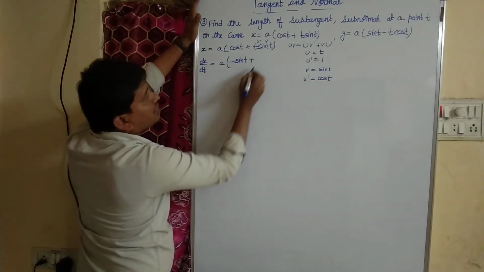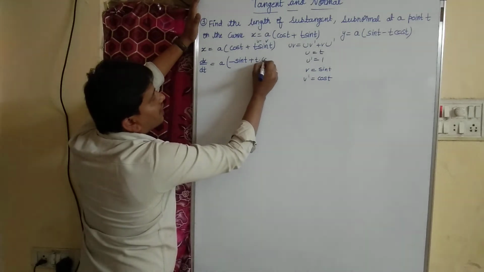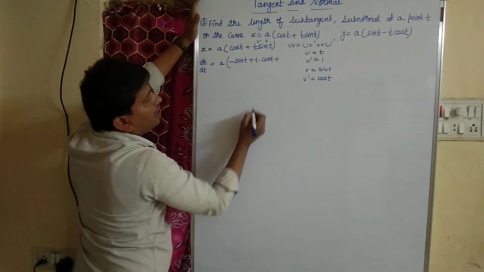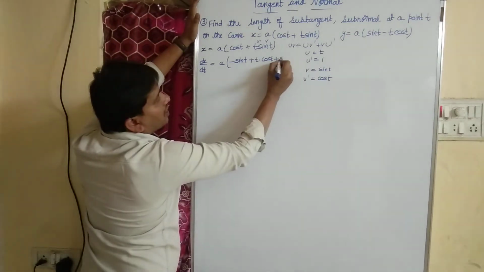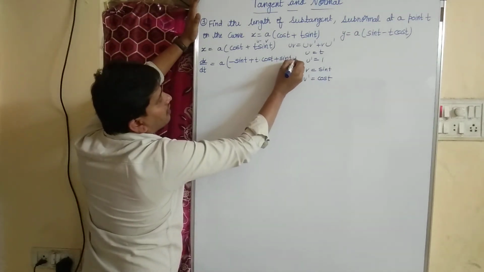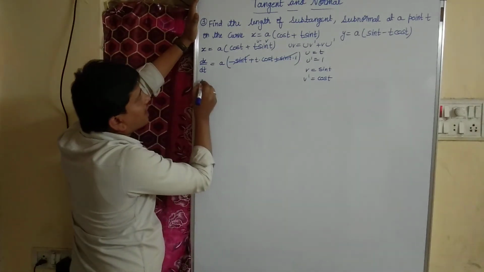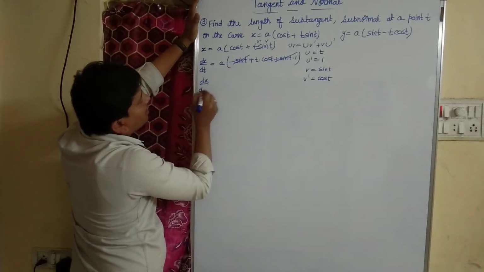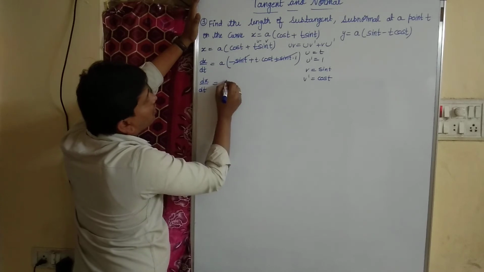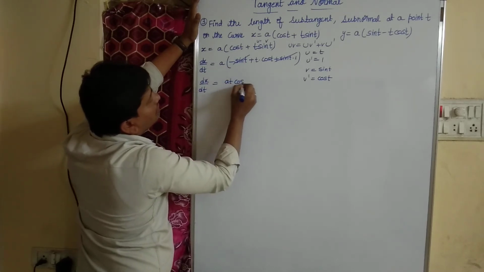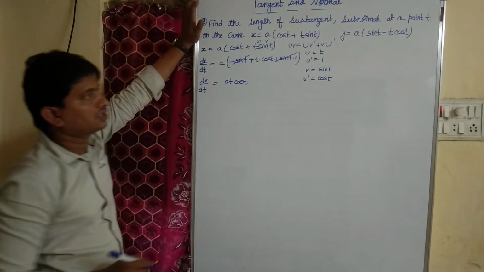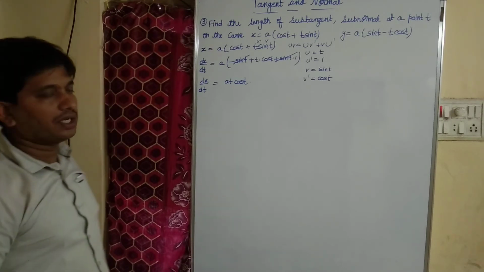Right? u v dash, t into cos t, plus v, sin t, into u dash, 1. Minus sin t plus sin t gets cancelled. So dx by dt equal to a into t cos t, a t cos t. So this is our dx by dt.